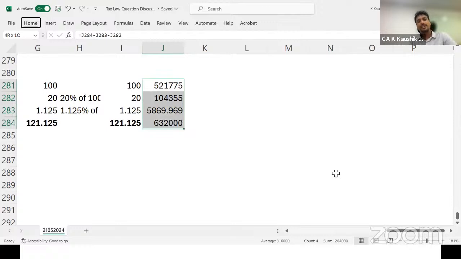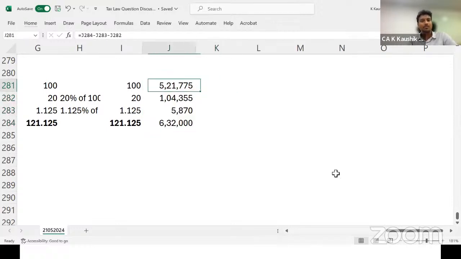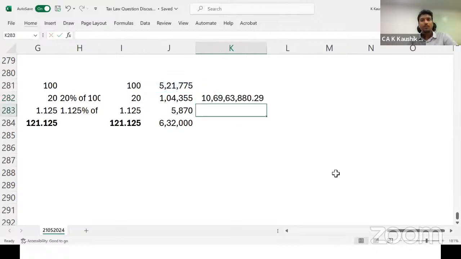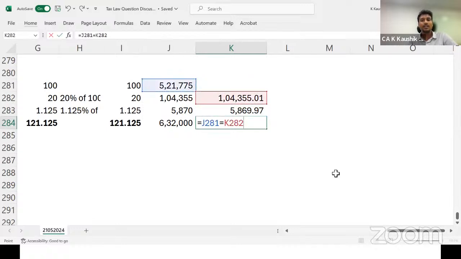Now you do a reverse calculation. This is the FOB value given. 20% of FOB value is 1,04,355. 1.125% is 5,870. Now, if you add this, again you will get back to the CIF value of 6,32,000.